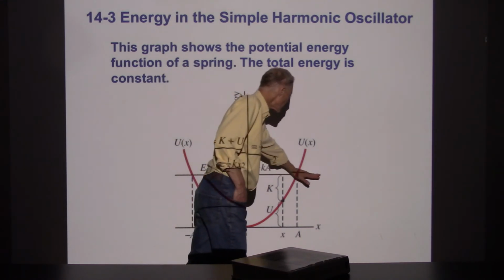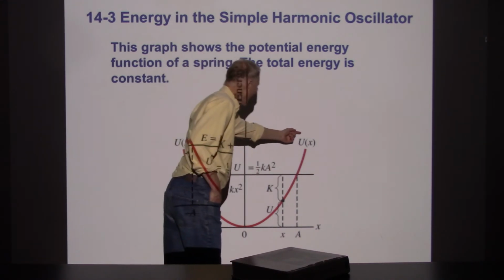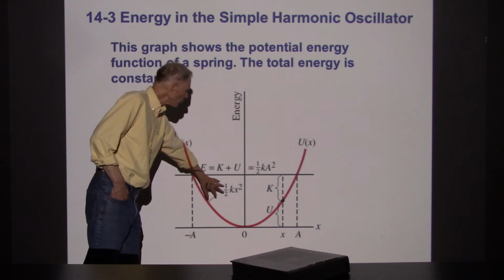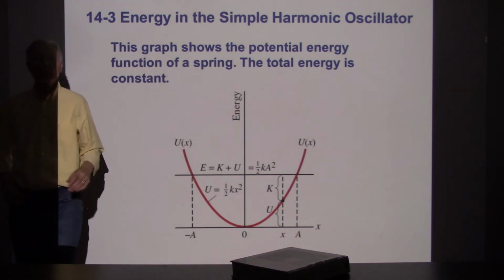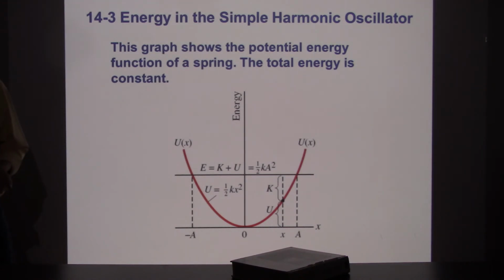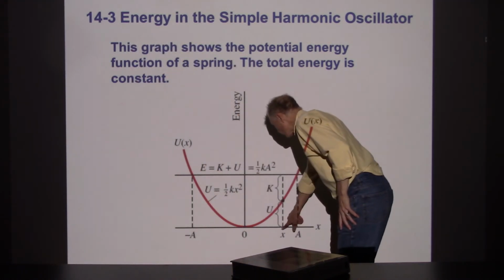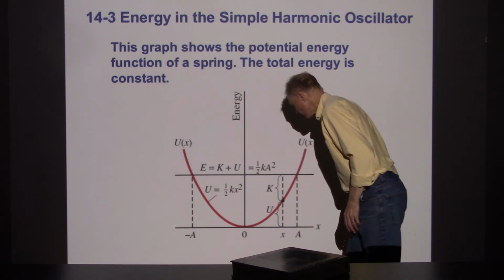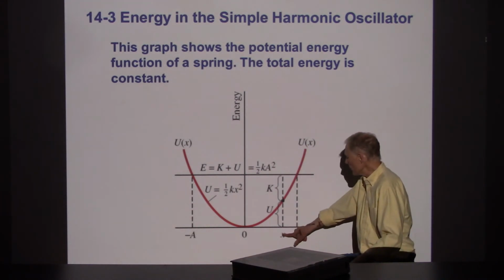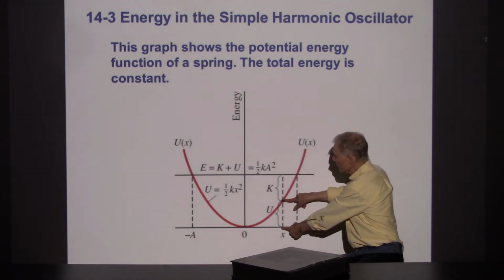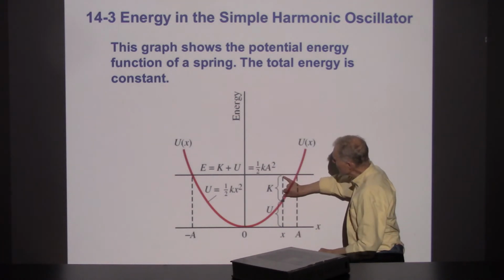amount of energy here. Now, the graph that they've drawn, the red line, is the function 1/2 kx squared. That's the potential energy. So let's pick a random point. Let's say that we're right here in the oscillations. If I am right here in the oscillations, then this represents the potential energy at that time, and the remainder will be kinetic.